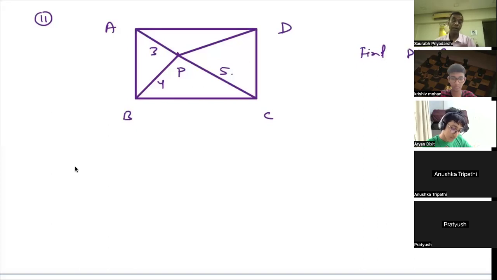Very simple, and most of the questions in IOQM will be direct questions if you know this. Very good.